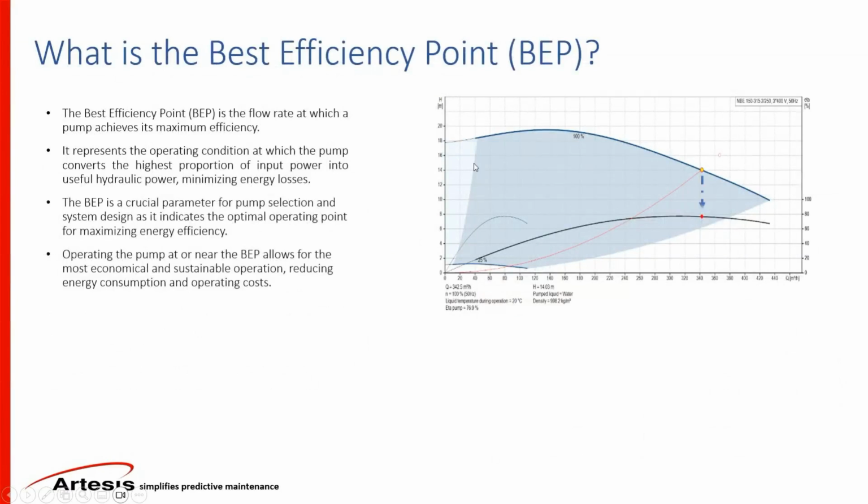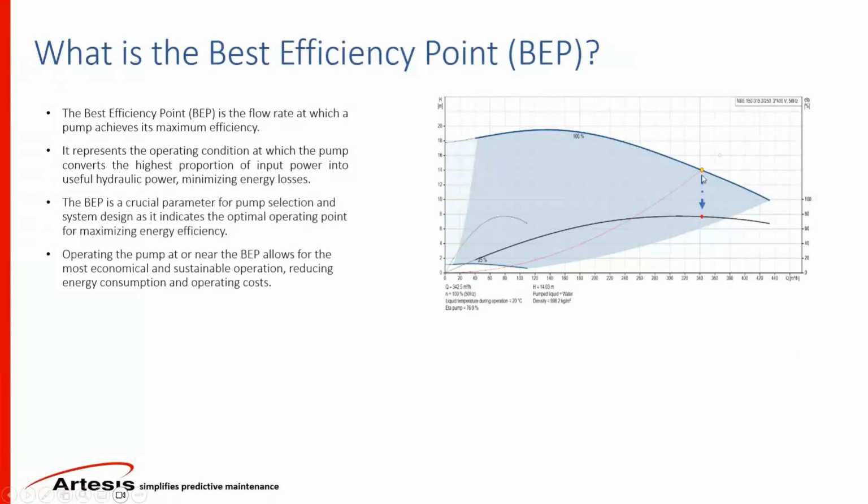So in this example, now if you can keep track of these values over here. We are running at a flow rate of 342. At this level, the efficiency of the pump, you can see here, is almost 77%.